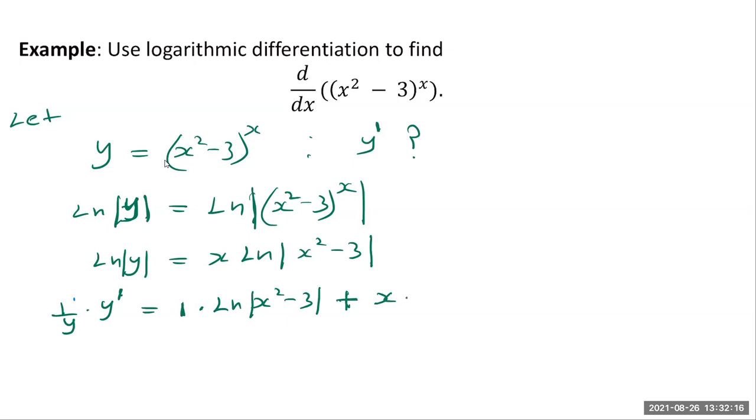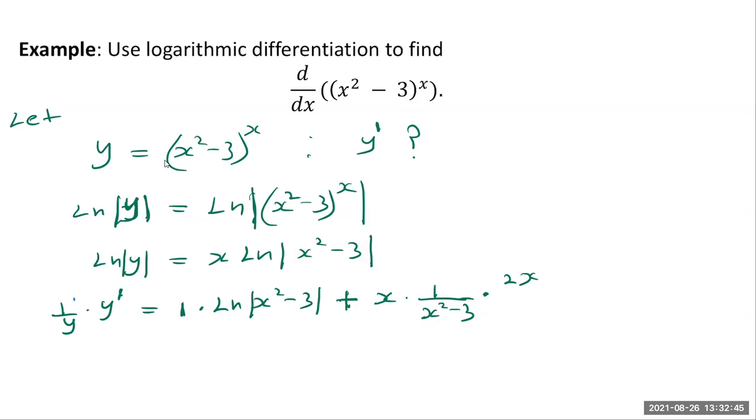The derivative of the second function is 1 over x squared minus 3. Notice that the second function is ln of absolute value of x squared minus 3. And now you need to view this as your star. Okay, the derivative of ln star is 1 over star times the derivative of the star. Derivative of the star is just 2x, because the derivative of x squared minus 3 is 2x.